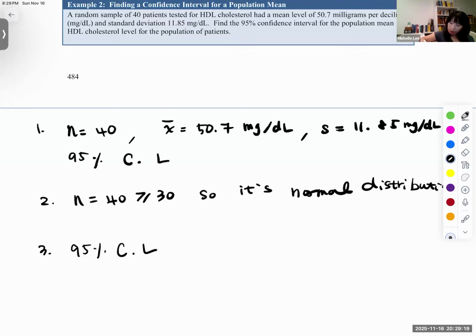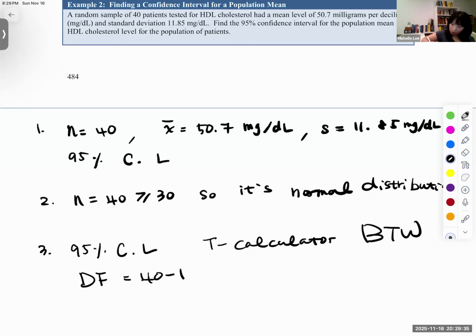We are using the T calculator, using between, and then we put 0.95. The degrees of freedom are 40 minus 1, which is 39 degrees of freedom.